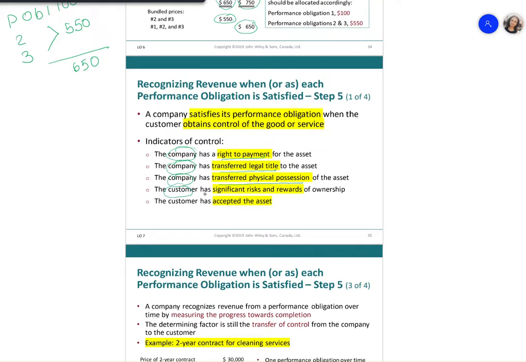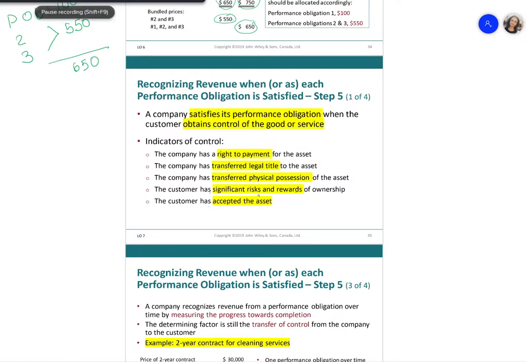The customer has the significant risks and rewards. So if they got the good and put that good in the warehouse, it's their responsibility. They have the significant risk and reward. They're using it to earn income. The customer has accepted the asset. If they put it in their warehouse and they're using it, that means they have accepted the asset.